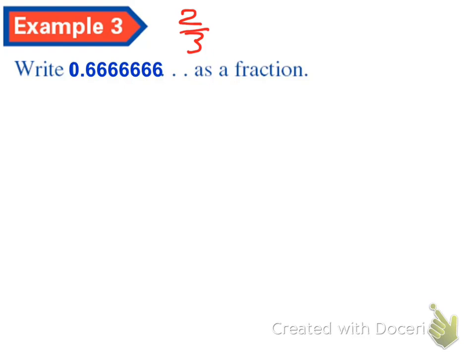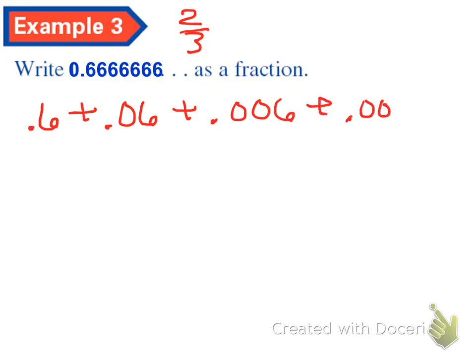One way to do this is to rewrite this decimal as an infinite geometric series. So we could rewrite it as 0.6 plus 0.06 plus 0.006 plus 0.0006.